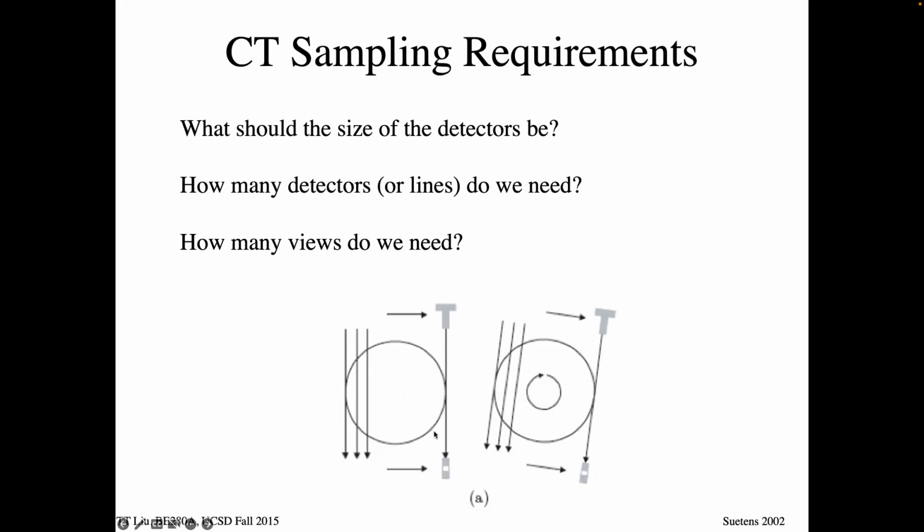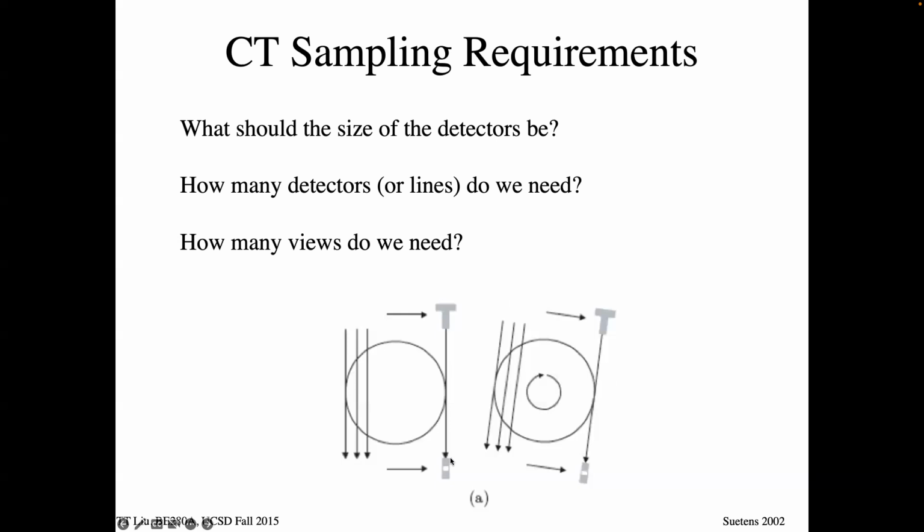There are 2 other things that are going to affect resolution. Remember, one is the spot size of the creation of the X-rays. Ideally, they would come from an infinitesimally small spot. They don't. And also the width of this detector.